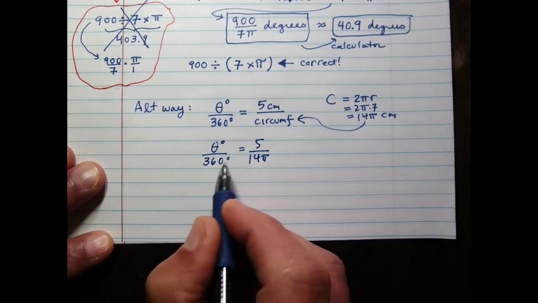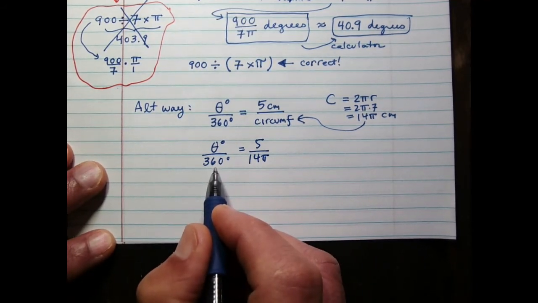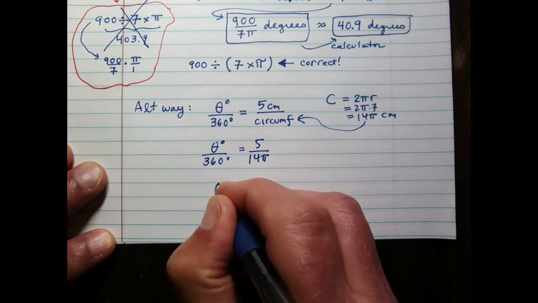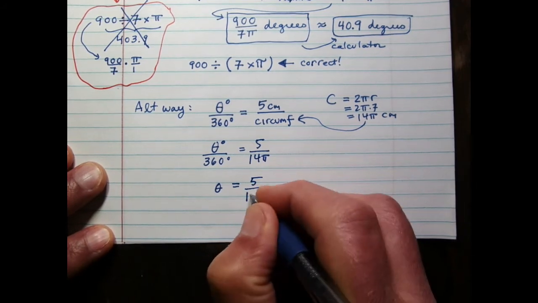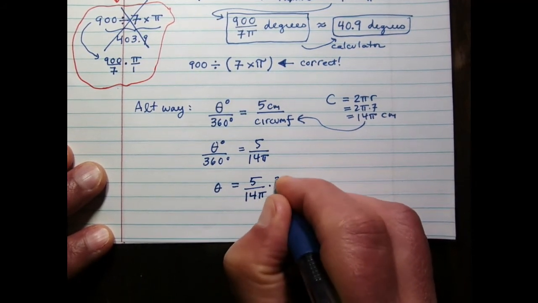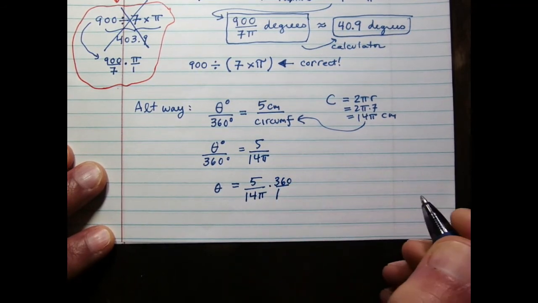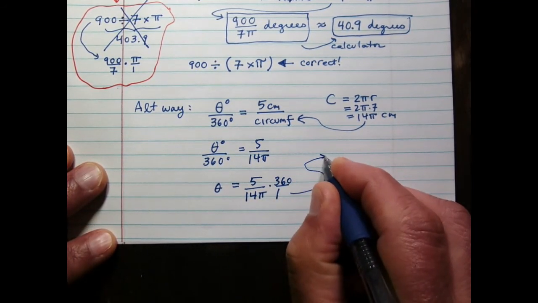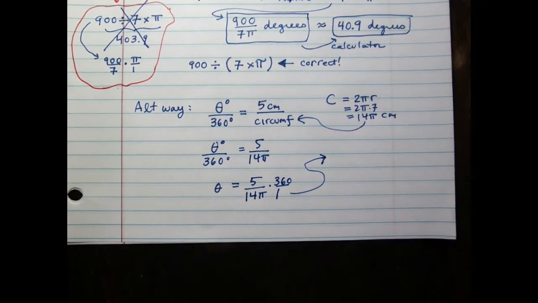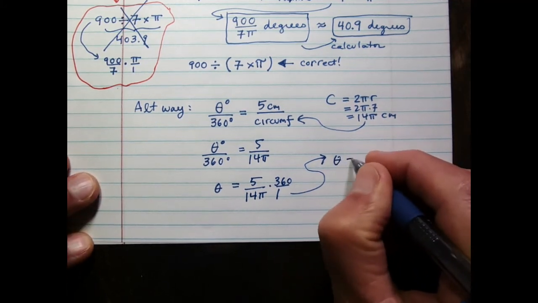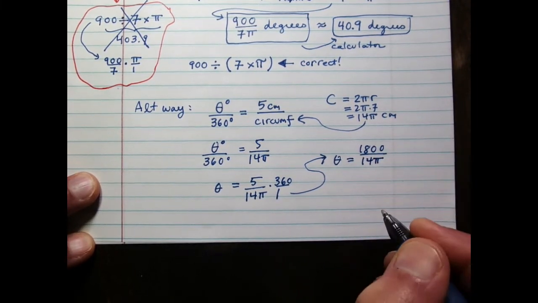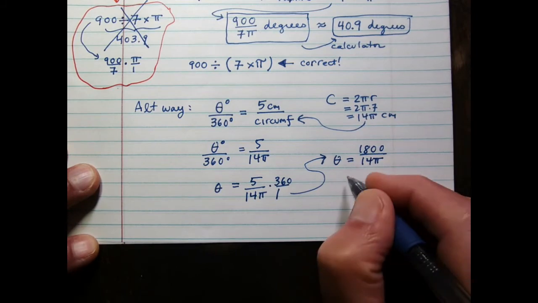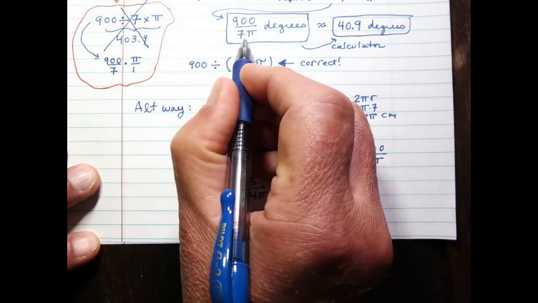And you can solve this equation to get directly to the degree measure of theta. You're going to multiply both sides by 360 is one way to proceed. So I would have on the right 5 over 14 pi times 360 over 1, and 5 times 360 is 1800, so this would look like 1800 over 14 pi, which can be reduced to 900 over 7 pi.